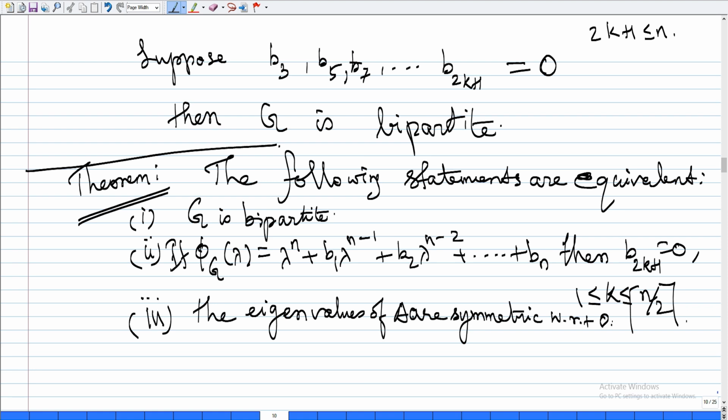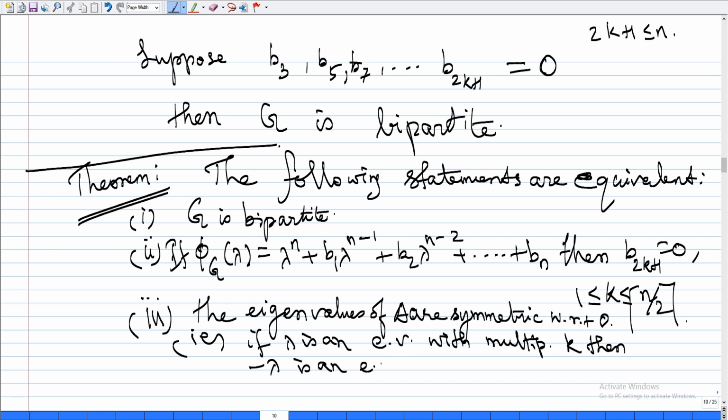So, by symmetric what we mean? If lambda is an eigenvalue, then minus lambda is going to be an eigenvalue, right. So, that is, if lambda is an eigenvalue with multiplicity k, then minus lambda is an eigenvalue with multiplicity k.